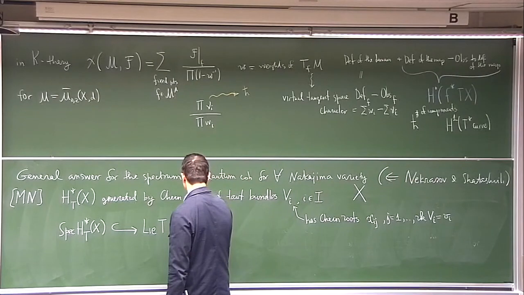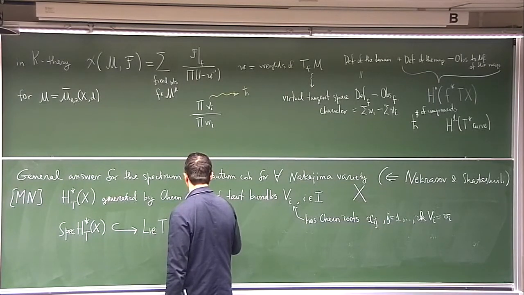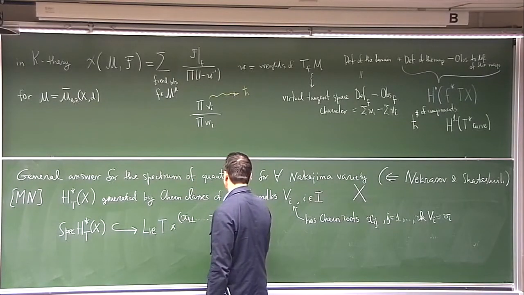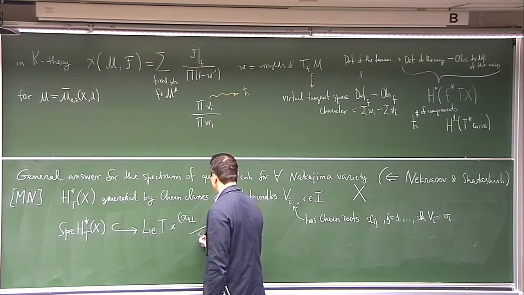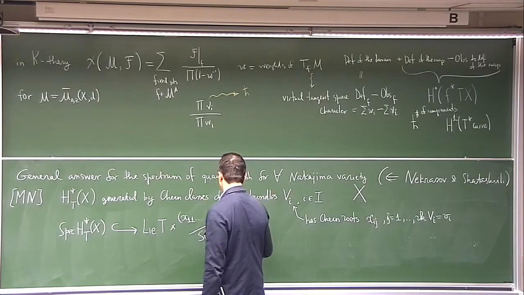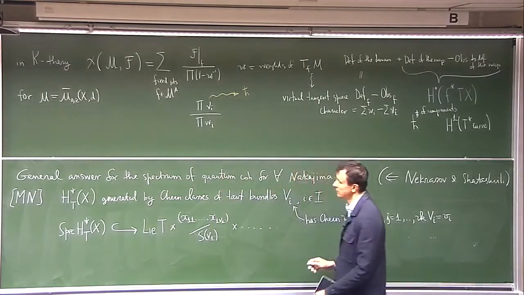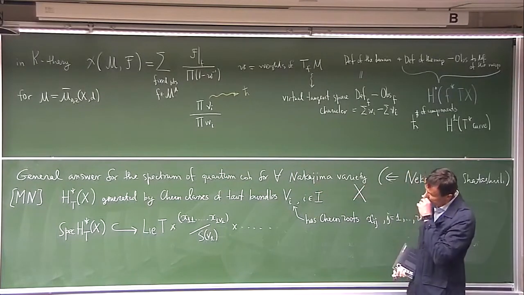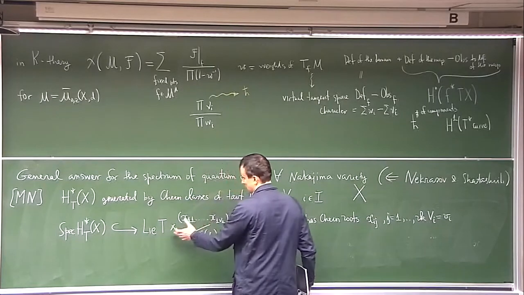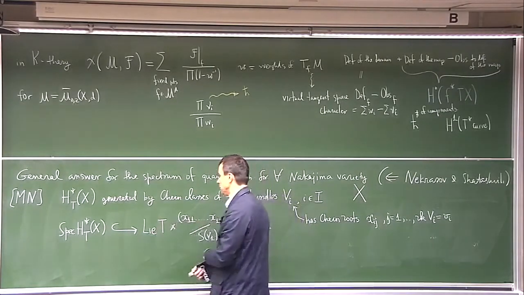So times this, you have these variables, like x_{1,1} to x_{1,v_1}, modulo symmetric. And so this thing is embedded in some product.